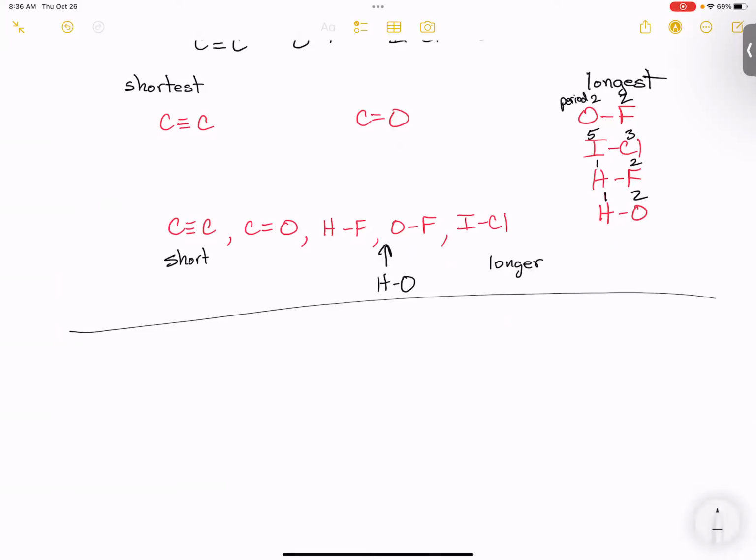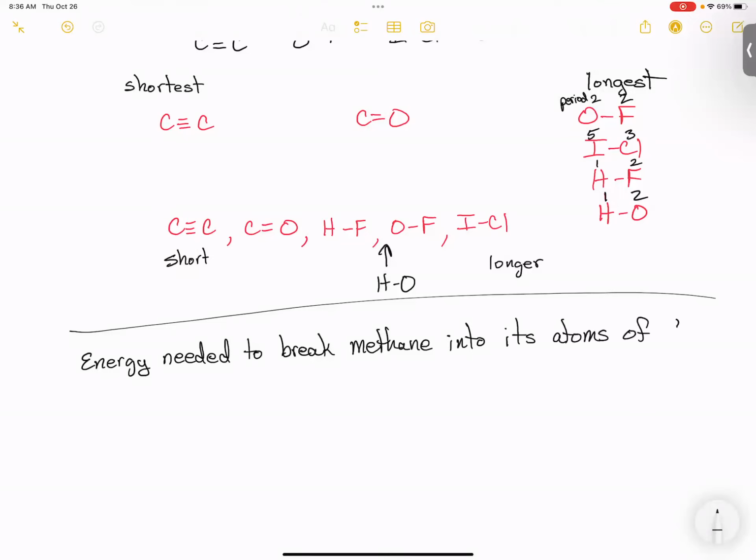For instance, we can talk about the energy needed to break methane into its atoms of carbon and 4 hydrogens.